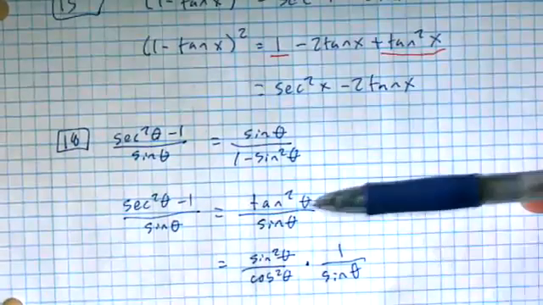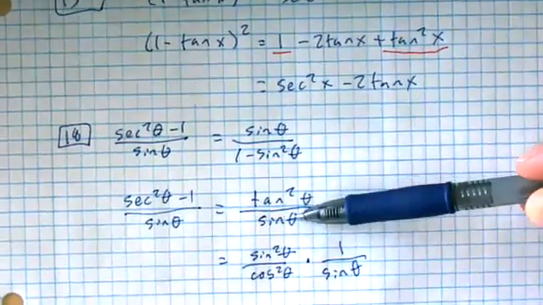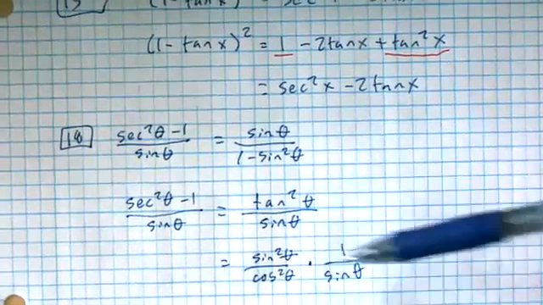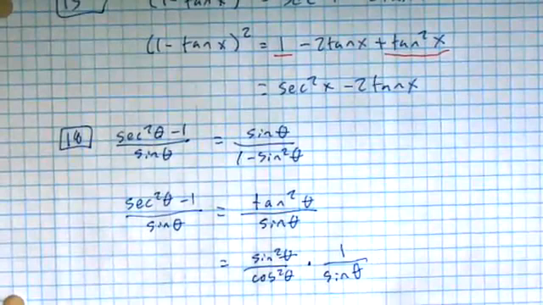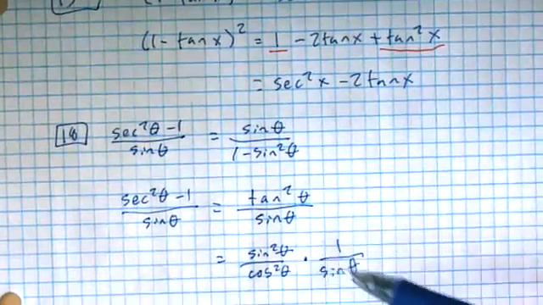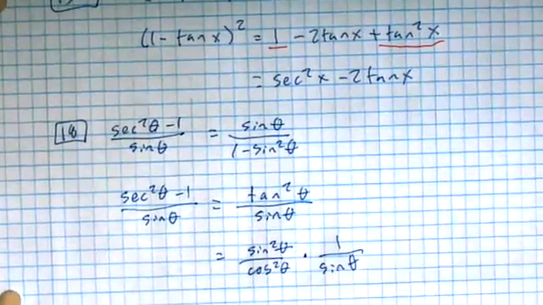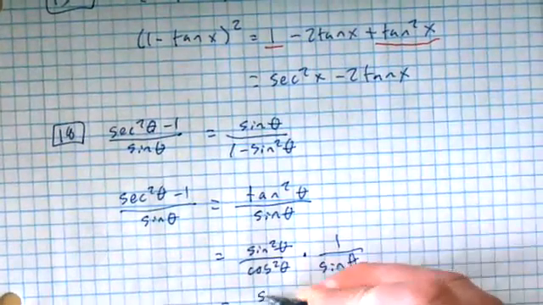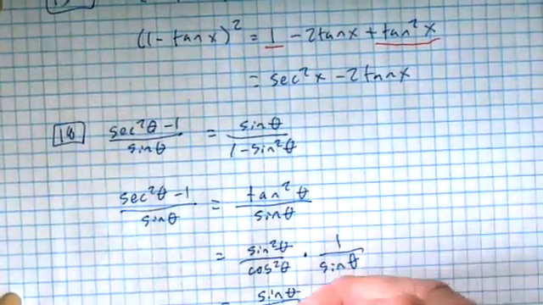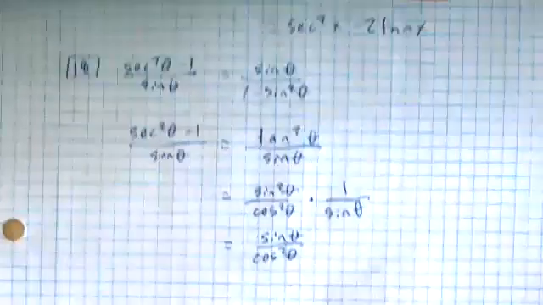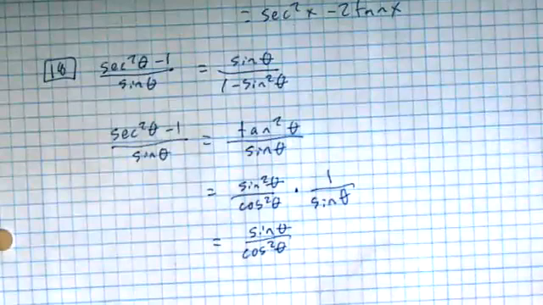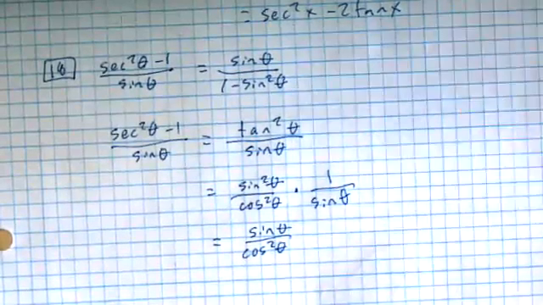Remember that trick I showed you, that instead of dividing by sine, you can multiply by 1 over sine. I think I'm seeing where this is going now. Sines are going to cancel here. We have cosine squared left. And then cosine squared is 1 minus sine squared. And then we end up back here.